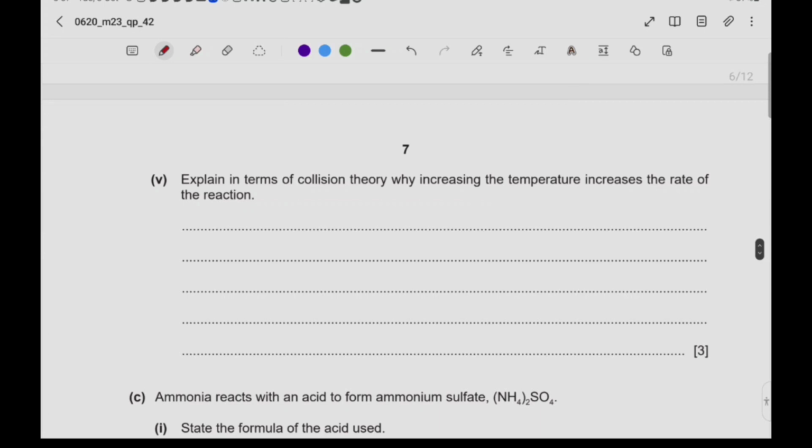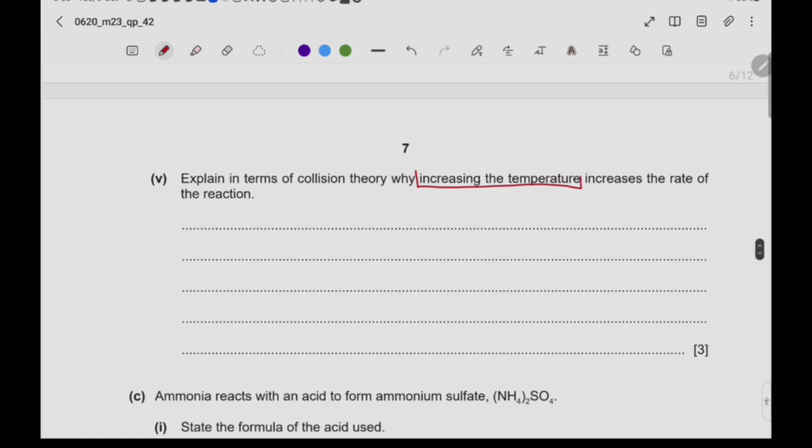So let's see, this is a 3 marks question, a long 3 marks question, right? Usually it's very few marks. So the collision theory about why increasing temperature can increase the rate of reaction. Collision theory means that they need to know how the collision is happening, right? So no matter what chapter, no matter what subject, increasing temperature will cause increasing in one energy, which is our kinetic energy, because you can move more, right?